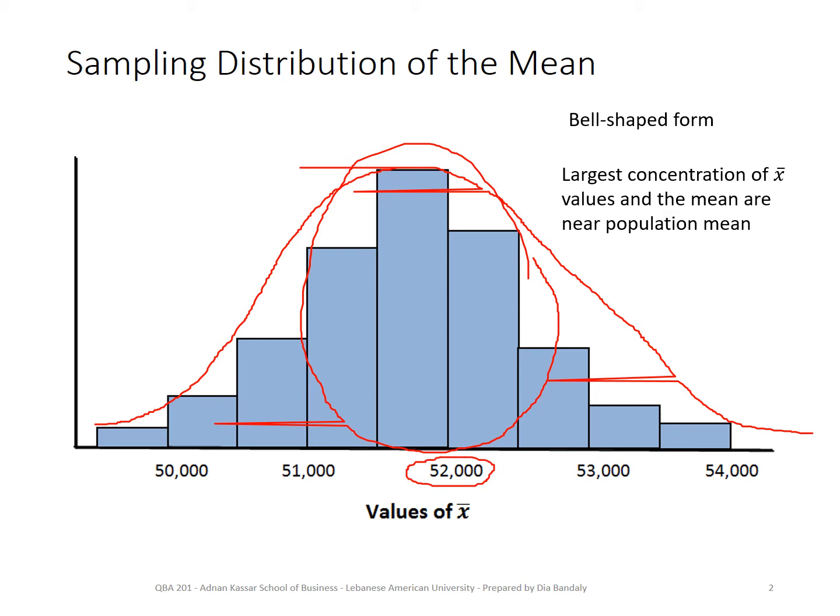This is very important for us, right? Because what we can see here is that the mean of the population also seems to be the mean of the distribution of the X bars. This is a distribution of X bar now, not X's. This is a very important observation, and we're going to use that.